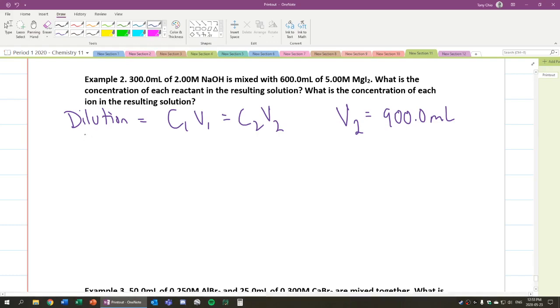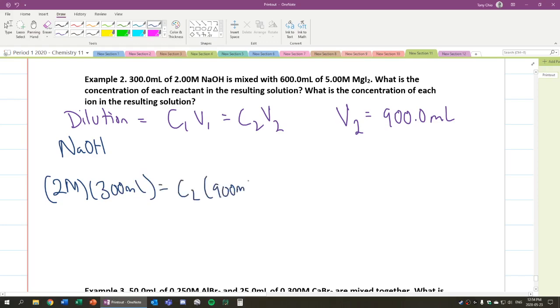Let's look at NaOH first. We have a C1 of 2 molarity and a volume of 300 milliliters, which is equal to C2 times 900 milliliters.